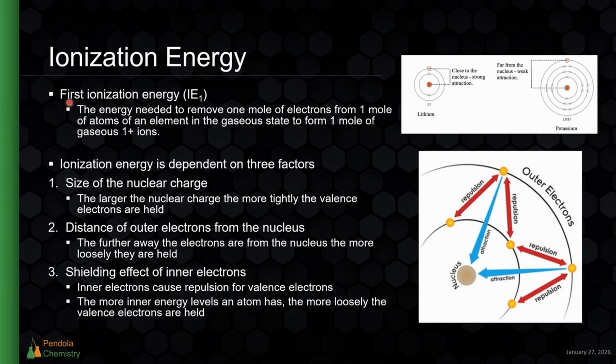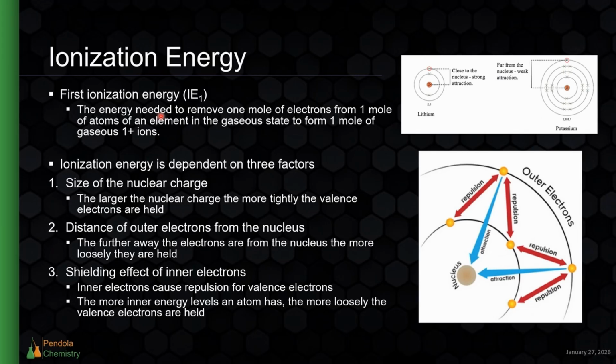Usually when we discuss a pattern on the periodic table, we will discuss first ionization energy, which is the energy needed to remove 1 mole of electrons from 1 mole of atoms of an element in the gaseous state to form 1 mole of gaseous +1 ions.